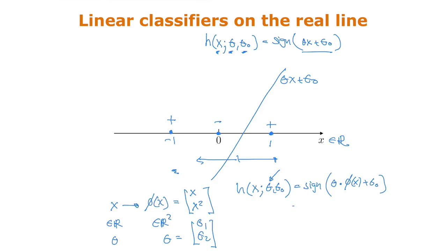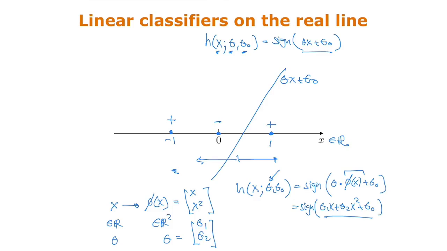If we expand this, this would be sign of theta 1 x plus theta 2 x squared plus theta naught. So we threshold a quadratic function rather than a linear function in this case. But our classifier here thinks of these feature vectors as the examples, so operationally everything can work out as before.